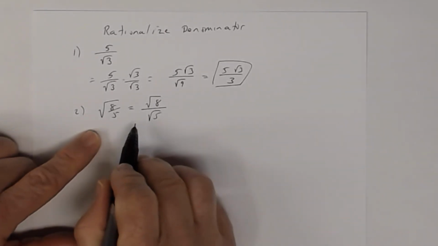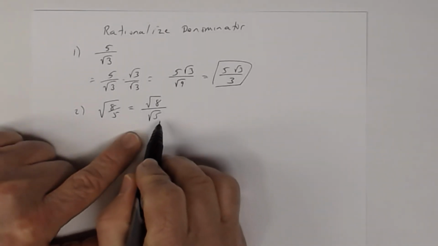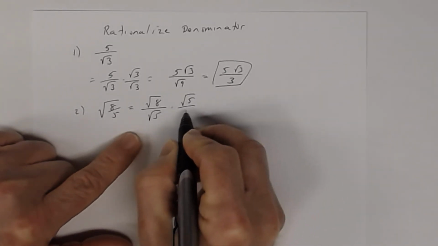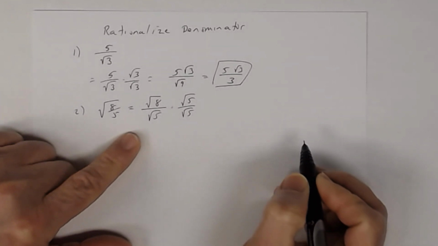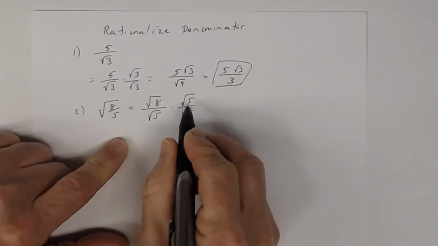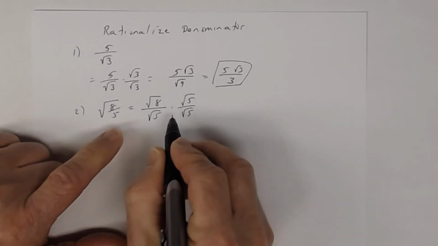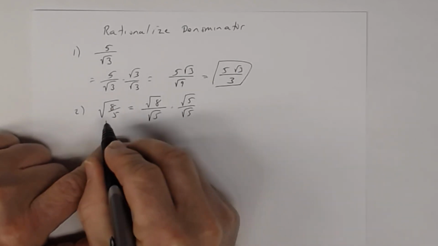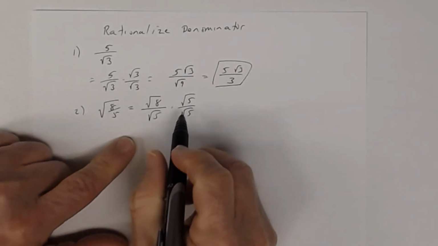And then let's go ahead and rationalize that denominator. So I'm going to multiply both numerator and denominator by the square root of 5. All right, so that statement is still a true statement. These are still equal to each other, because remember, this is still 1, and 1 times this is this right here. So now I get this.